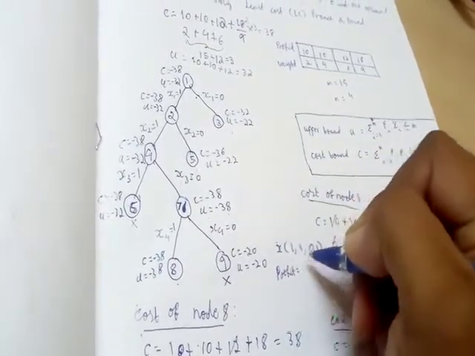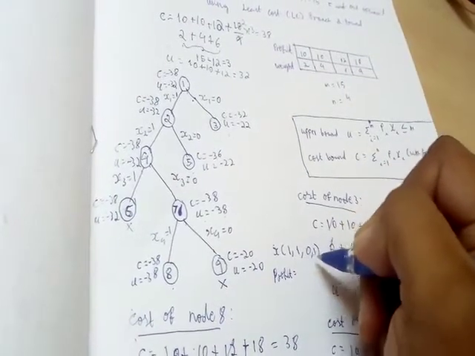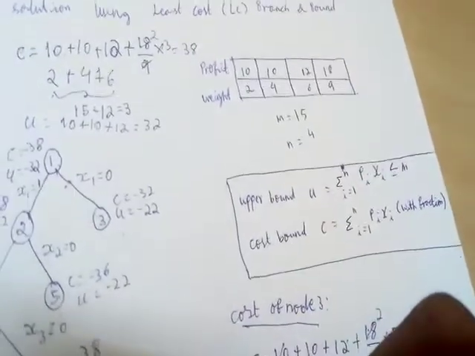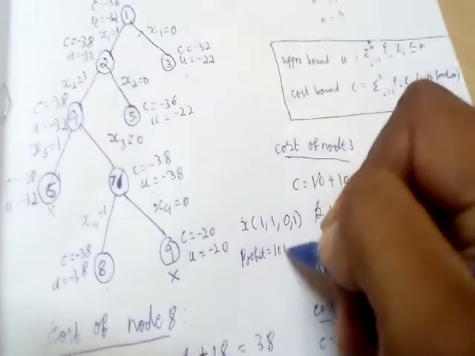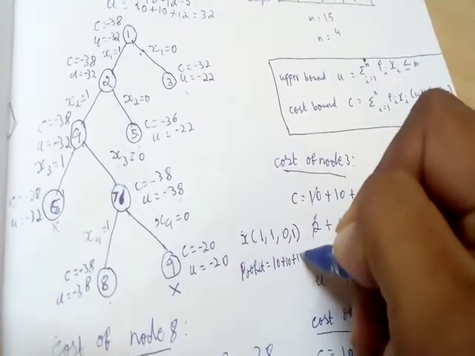The associated profit will be the profit of the first, second and fourth items: 10 plus 10 plus 18.